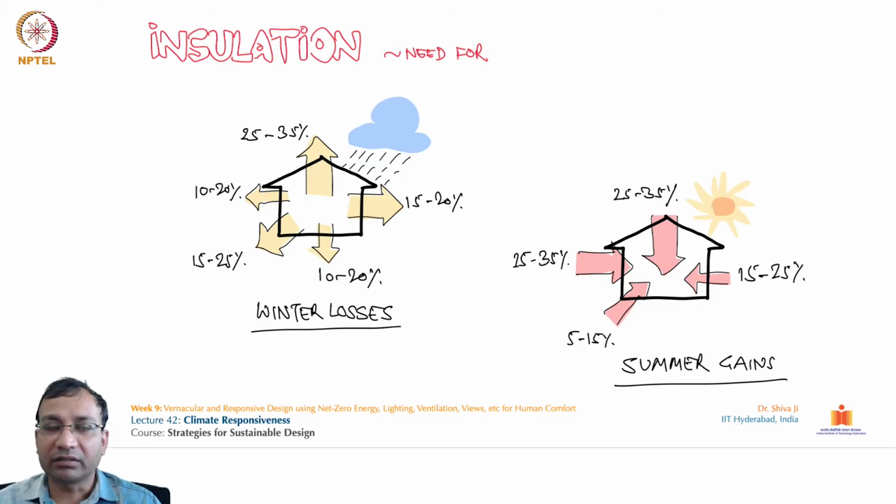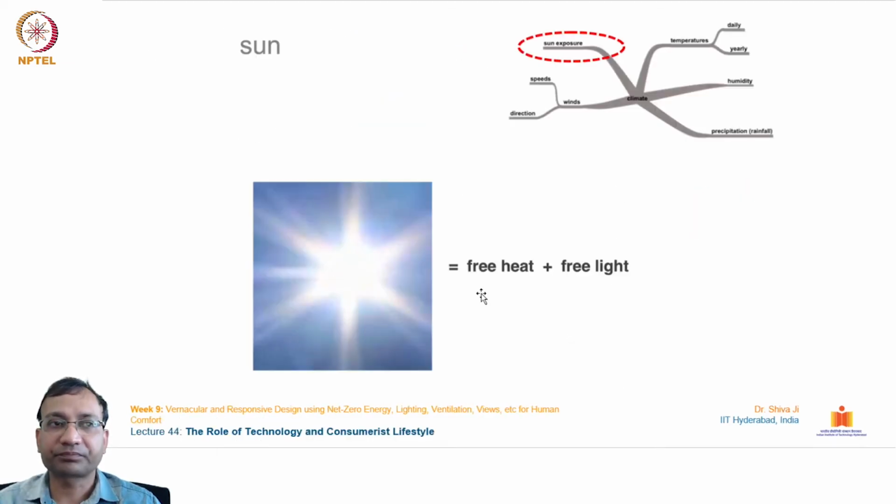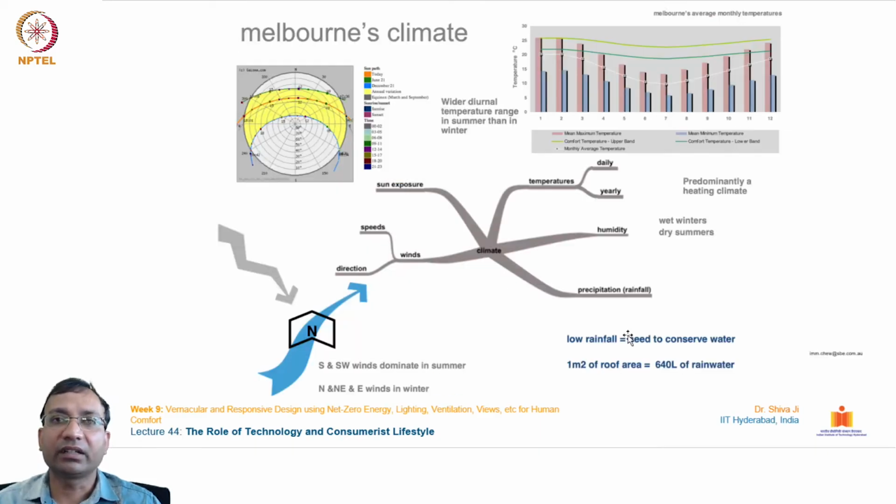And while doing so, we can minimize the consumption of energy. Further, sun gives us free light, free heat. So how well we can utilize it, and in those months when we do not want it, how well we can avoid it, by choosing strategic methods.